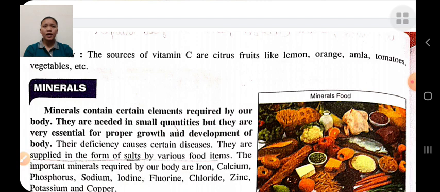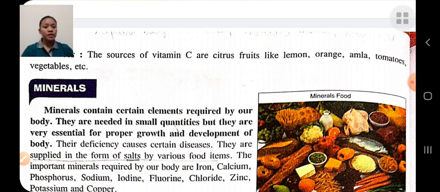Vitamins and minerals are defensive foods. They improve our immunity system, and help to protect our body from various diseases, infections, etc. Vitamins and minerals are required in small quantity, but they are very essential for proper growth and development of the body. The deficiency causes certain diseases. Minerals are supplied in the form of salt by various food items.